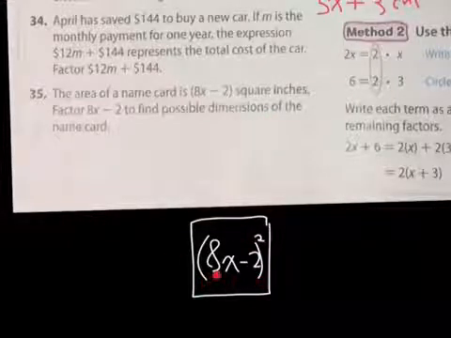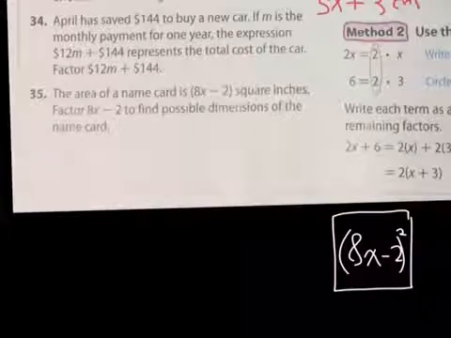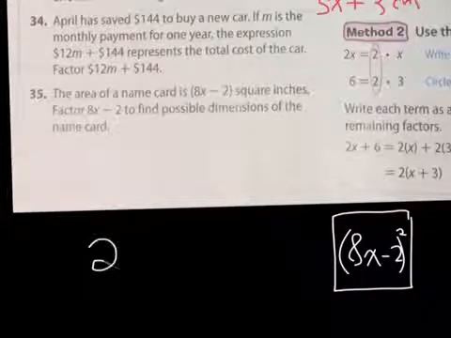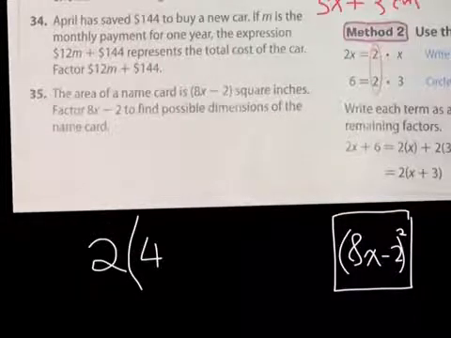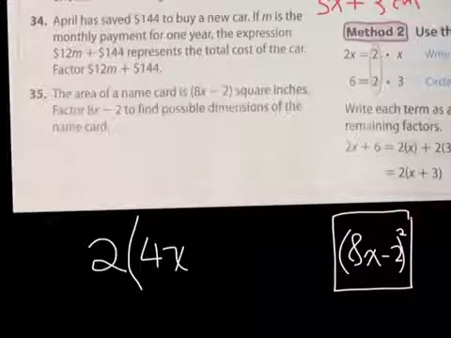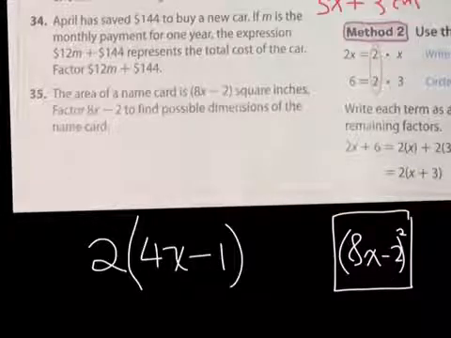I can see that 2 is a common factor. If I were to factor this, I would simply take out the 2, 4x minus 1. You see, this is a possible dimension.